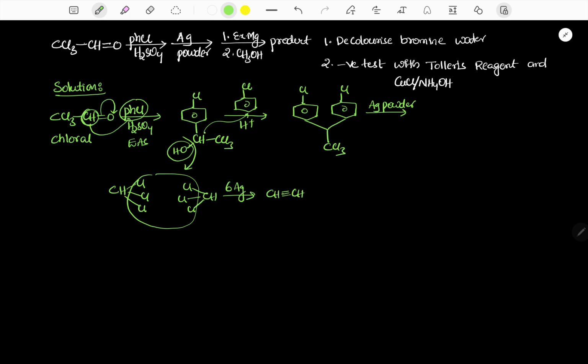Similarly in this case also, this carbon has 3 chlorine atoms, therefore it is a Wurtz type reaction. It is the first compound and it is the second compound.